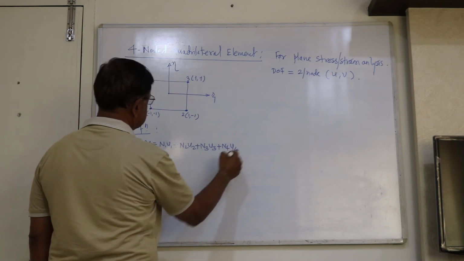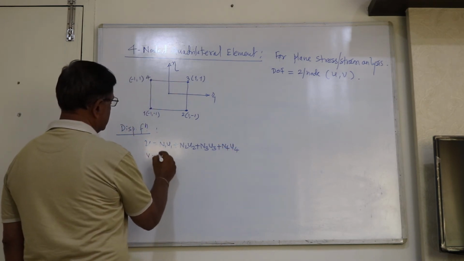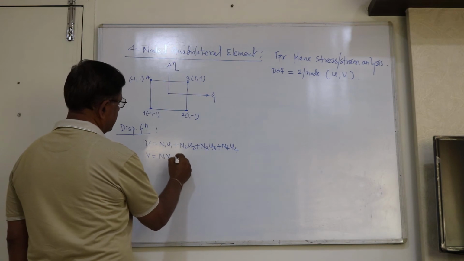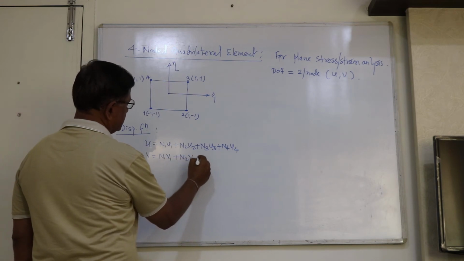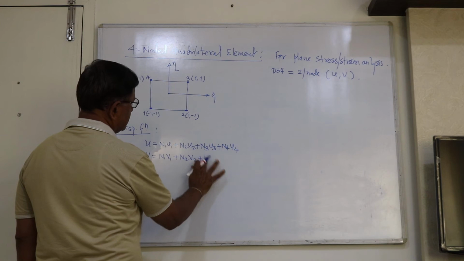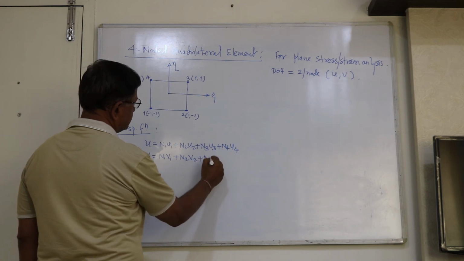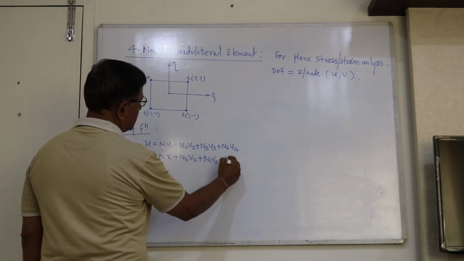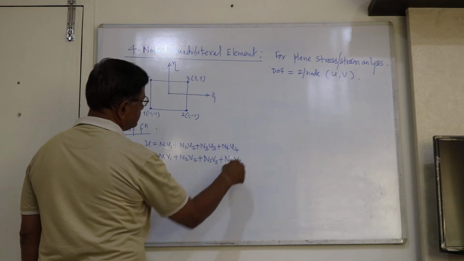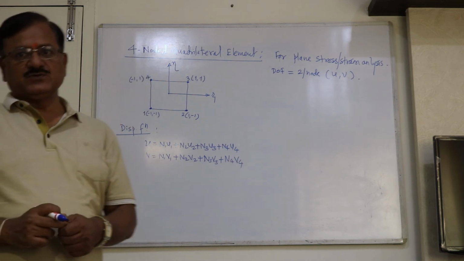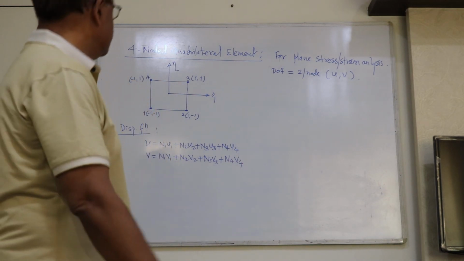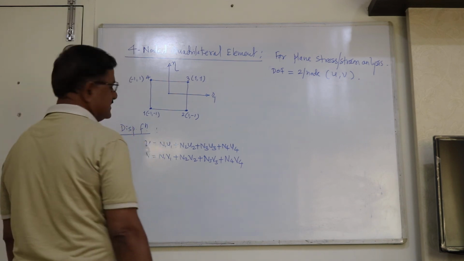Just now we have seen this. And v equal to N1 v1 plus N2 v2 plus N3 v3 plus N4 v4. Now next step, we have to calculate the shape functions by using natural coordinate system.